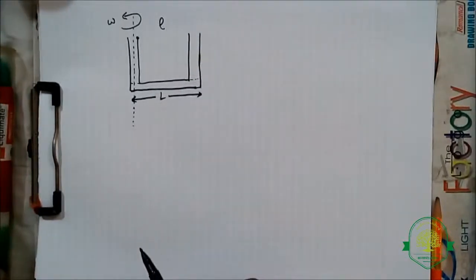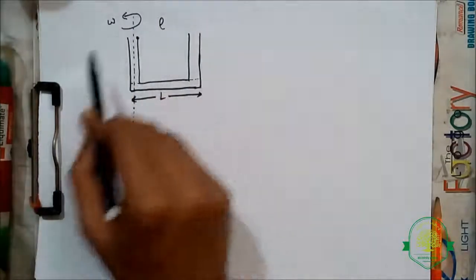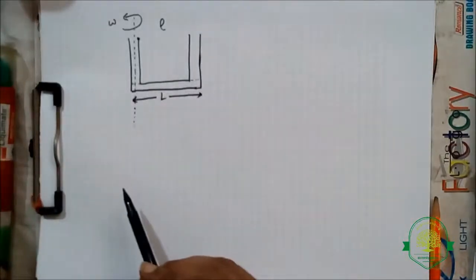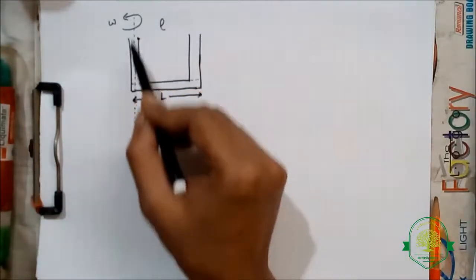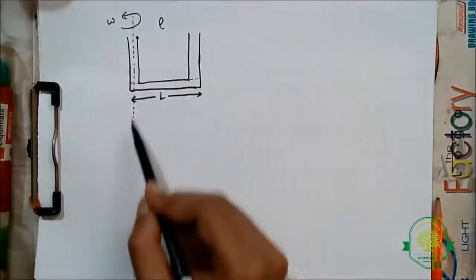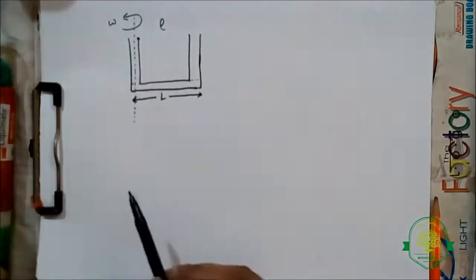Now what is said? It is said that this entire U-shaped tube is rotated about this arm, about an axis passing through this arm at an angular velocity of omega.